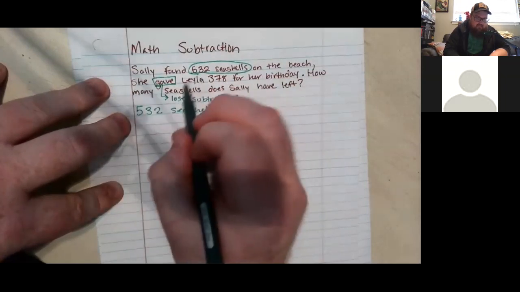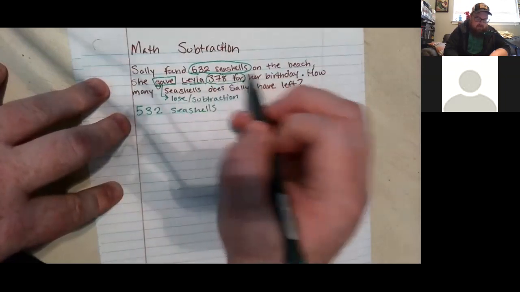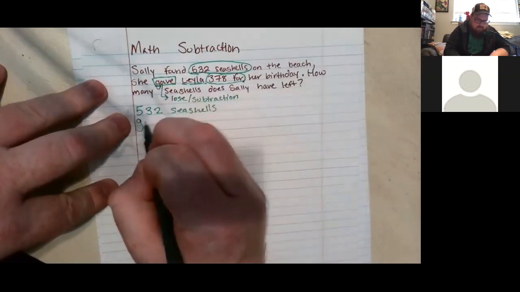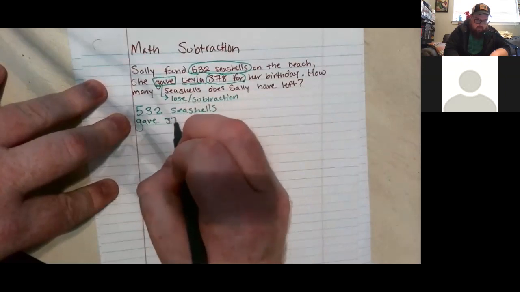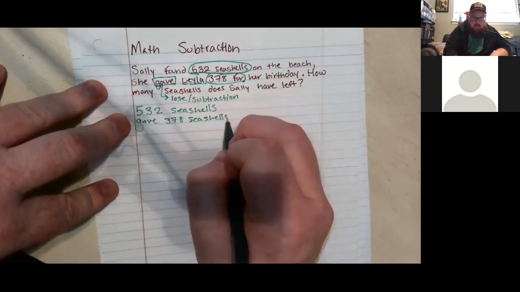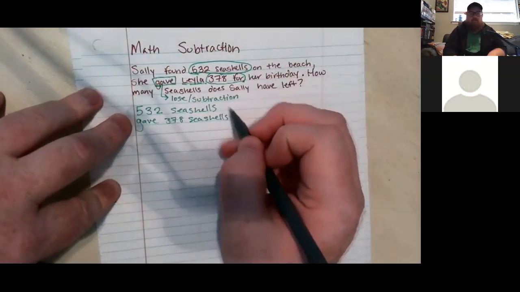And I see that she gave Layla 378 seashells as well. So I'm going to pull that out. So she has this, and then she gave 378 seashells. So I know based off of these three easy things that we're going to be subtracting.